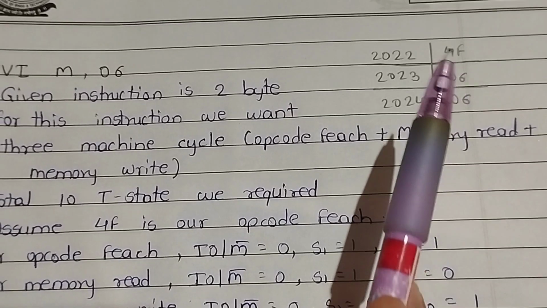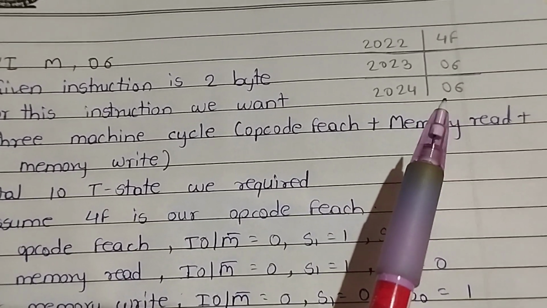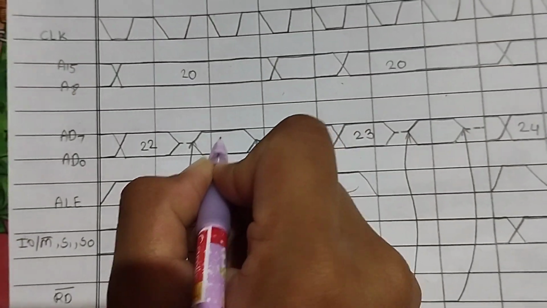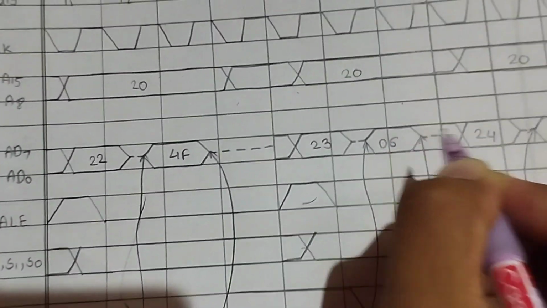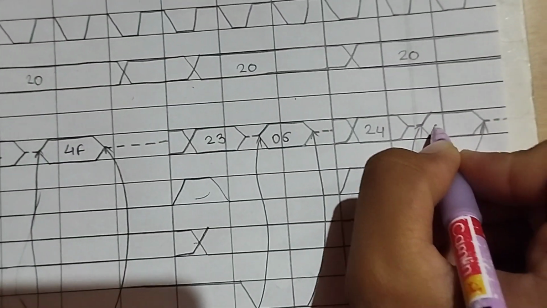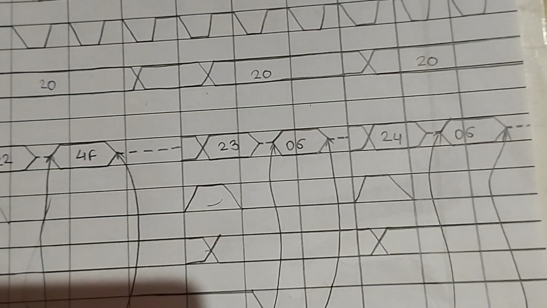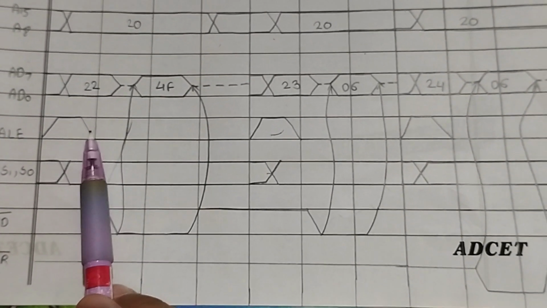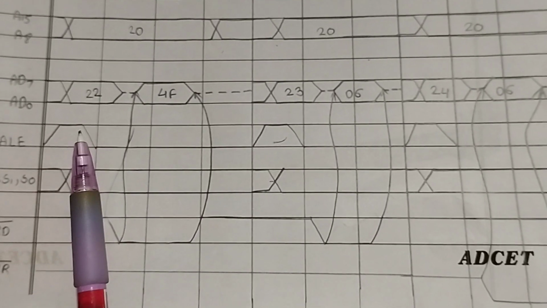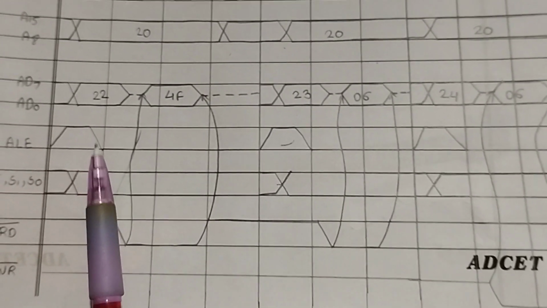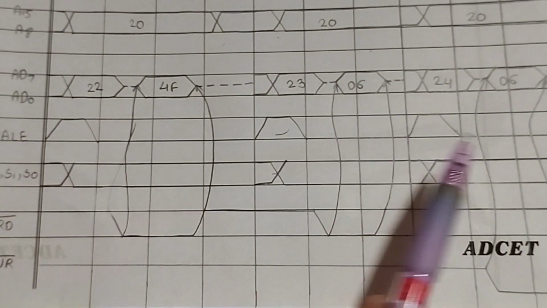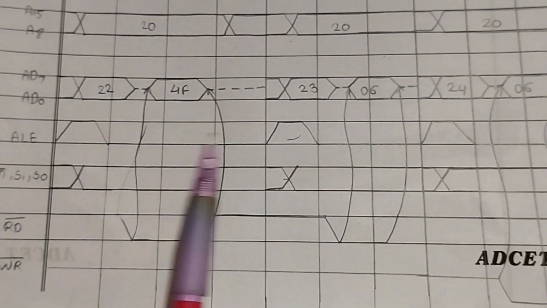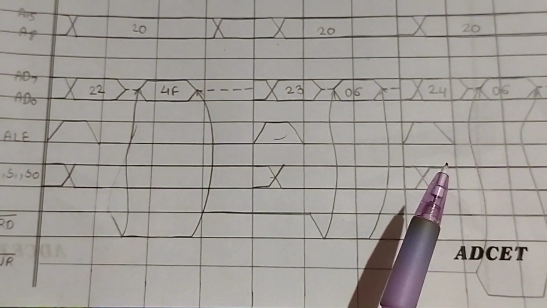Now the data is 4F, 06 and 06. So 4F is our opcode, then we read 06 and then we write 06. Now ALE is high for the first T state of each machine cycle, so we mark 3 highs and all the remaining are low.